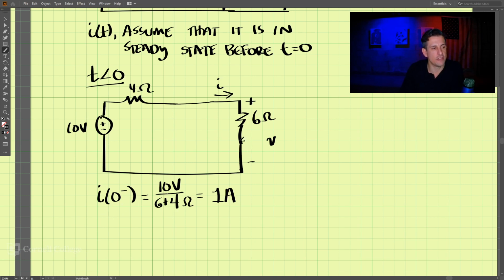And since we know that there's an inductor right here, that is also equal to I at 0 plus. The voltage at 0 minus is equal to 6 divided by 6 plus 4 times 10, which is 6 volts.